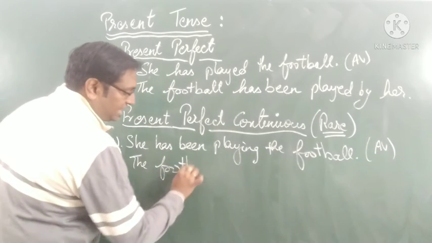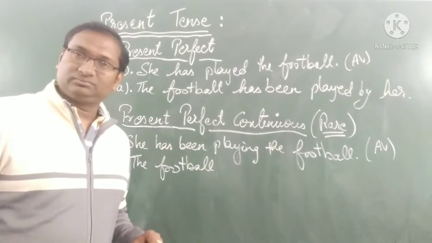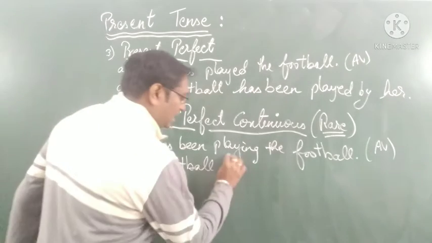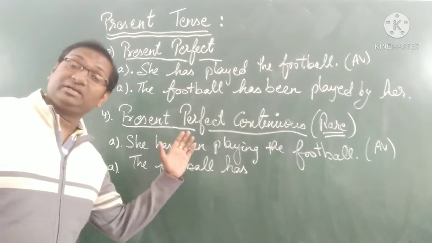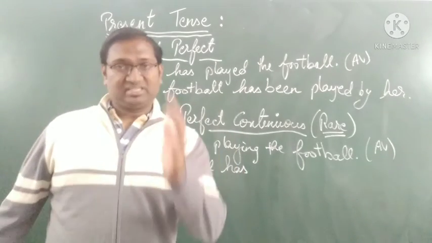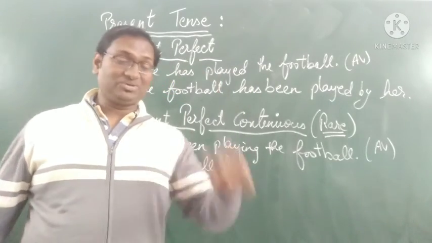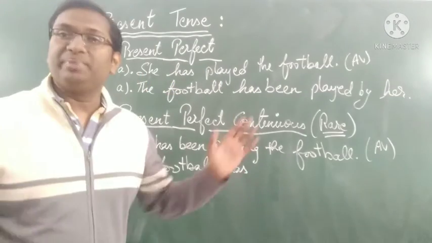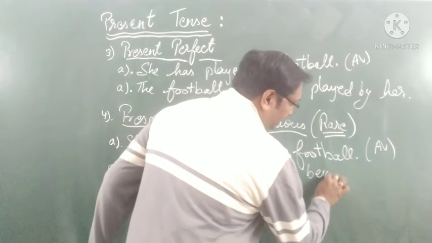First we are going to write the passive subject, the football. Again football is singular, has. While converting from active to passive in the present perfect continuous, according to the chart, what are we going to write? We are going to write has been being. Has been being.